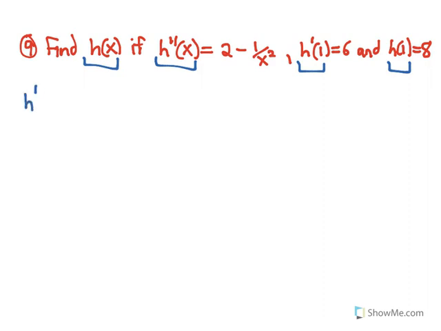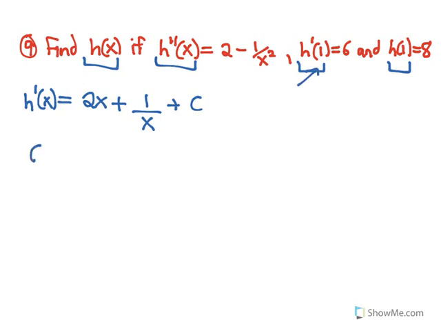So I'm going to say h prime of x must equal 2x, because that's where 2 came from. We're at minus x to the negative 2, so we must have been at plus 1 over x, since the derivative of 1 over x is negative 1 over x squared, plus c. Now I can use the information I have, which is h prime of 1 equals 6, sorry.